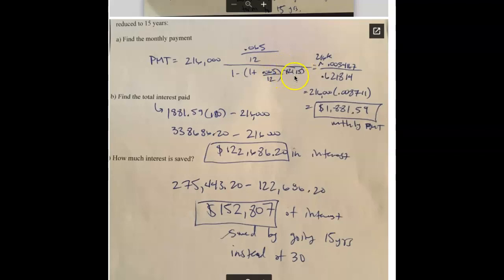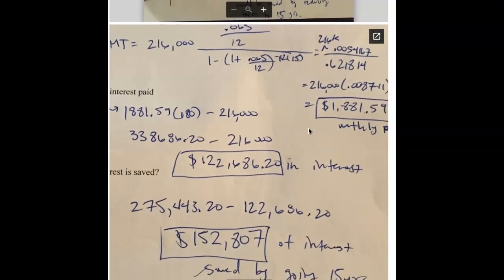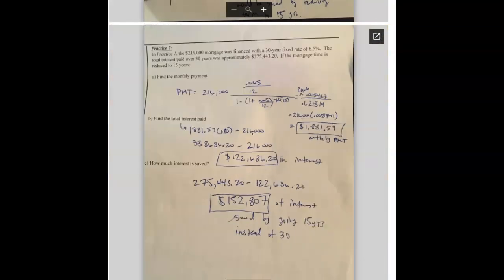Still a 15-year loan, and so I follow the order of operations to eventually come to the conclusion that this scenario results in a $1,881.59 payment. Again, you can read all the important information there.